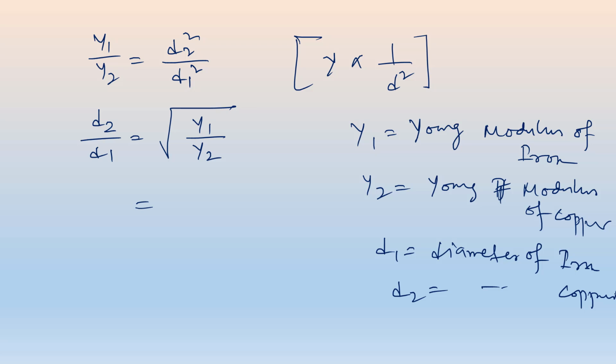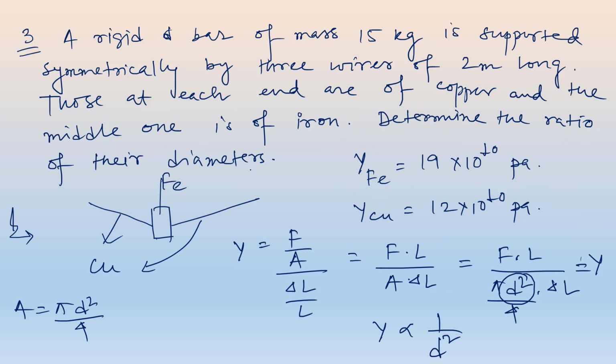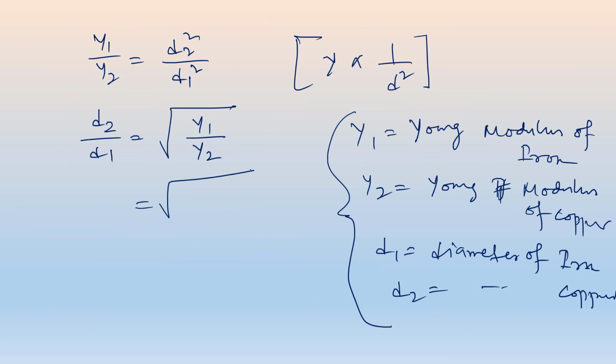That means you are telling the examiner that these things I have just assumed in this way. So what is the Young modulus of iron? That is 19 into 10 to the power 10, as given. And the Young modulus of copper is 12 into 10 to the power of 10.